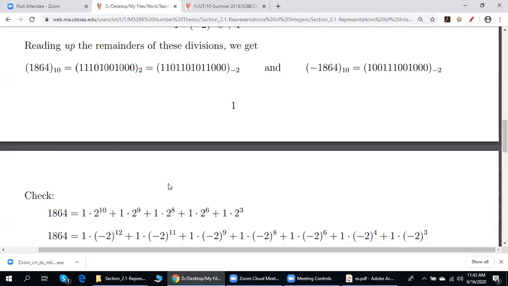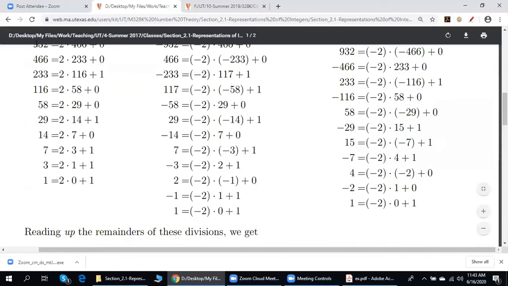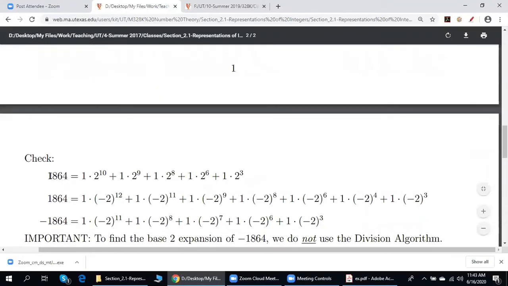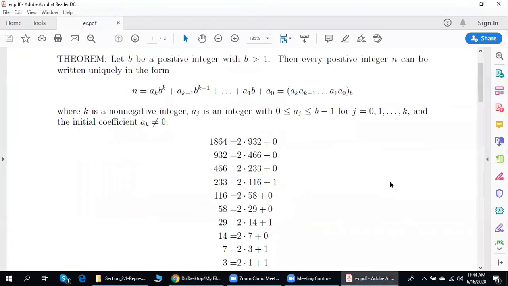So the big question is why this procedure allows us to come up with this representation of 1864. Well, let me give you the following explanation. Please take a look at this.